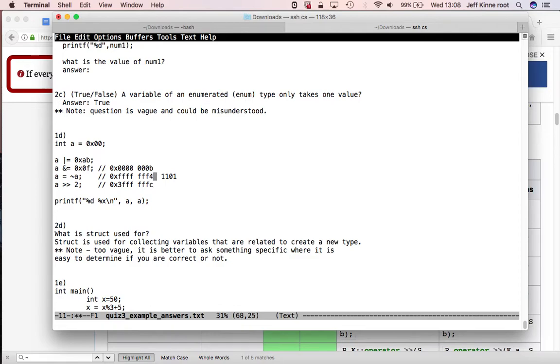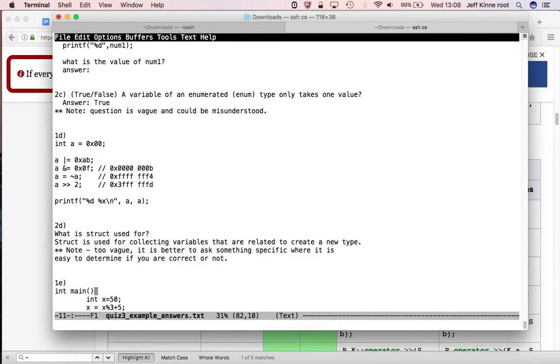C? Right, so that's 13, which is D, I guess. All right, so that would be what's printed here. And you'll have to try this to see that if that's how it actually works out.